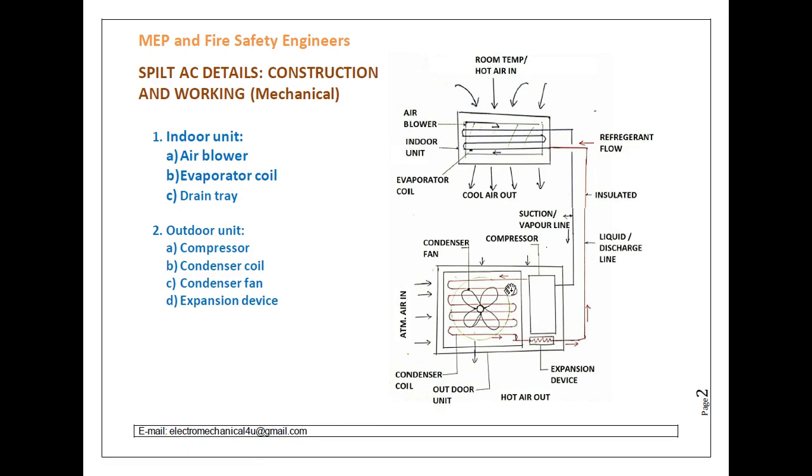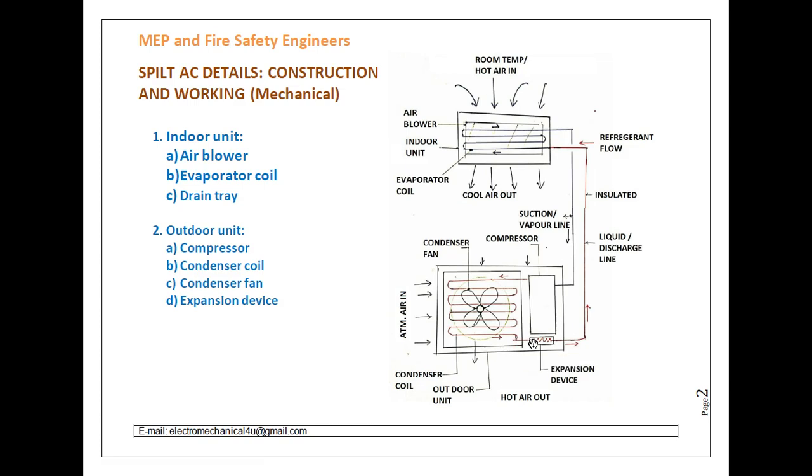Due to that, the heat of the high temperature, high pressure refrigerant coming from the compressor is extracted by the atmospheric air, and at the end of the condenser you will get the liquid refrigerant, at high pressure and low temperature.